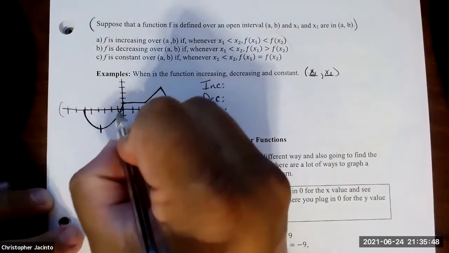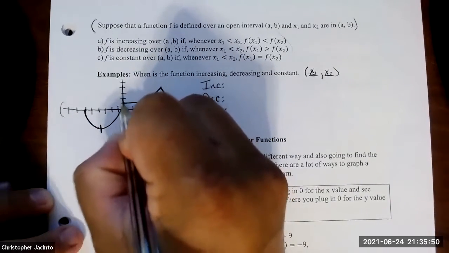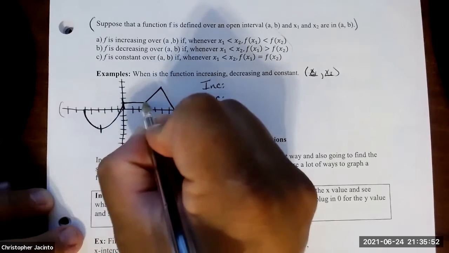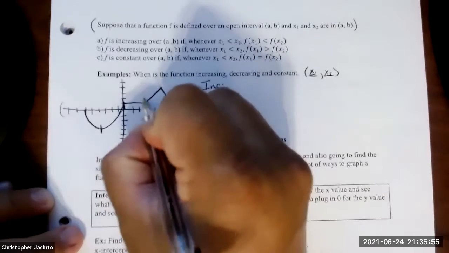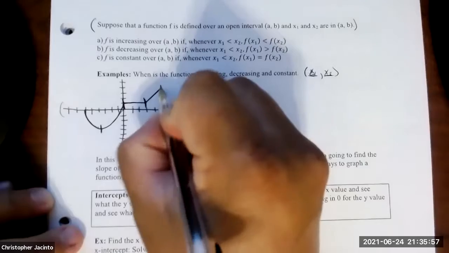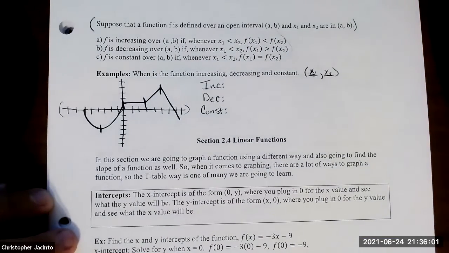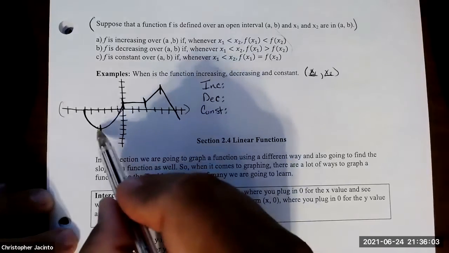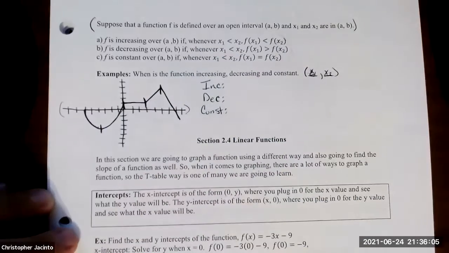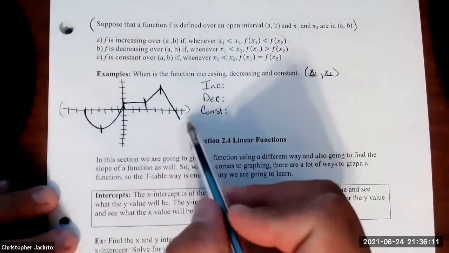Here's also a special case because it's going up and then flattens. Here's another change, and there is another change. So we have a total of 4 different changes in this graph. All right, so from left to right, let's see what's happening.